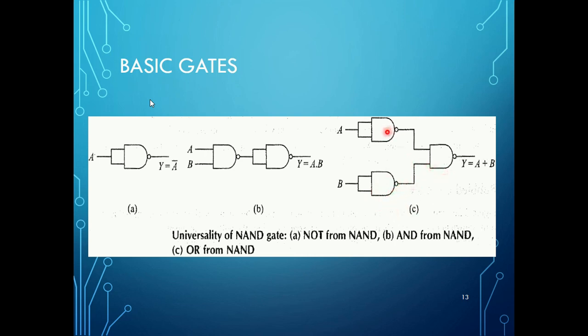You need three NAND gates to form a single OR gate. One NAND gate, another NAND gate, and those two NAND gates are connected to one more NAND gate. So the output Y is equal to A plus B, the OR form.